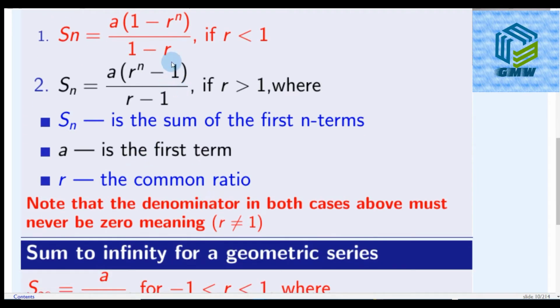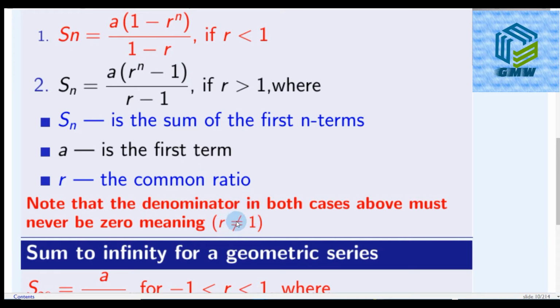Since this is a fraction, we need to be careful of what we call an undefined fraction. An undefined fraction exists where the denominator becomes 0. This is why we have this red important statement here which says, note that the denominator in both cases must never be 0. We must avoid having a denominator that is 0, as that will cause our formula to be undefined.